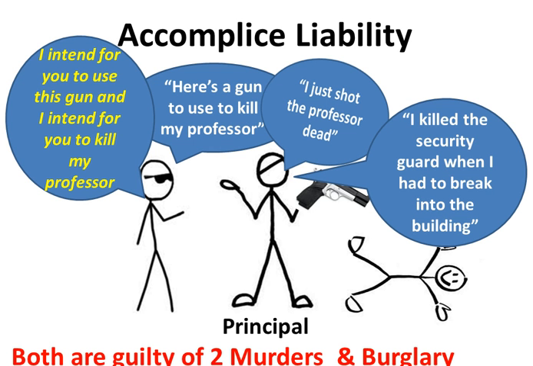We have our principal who actually did the 2 murders, shot the professor, and killed the security guard, plus broke into the building, which could be a burglary, and we have our accomplice who is guilty of the murder that they counseled, that is the professor, plus the murder of the security guard and breaking into the building, because most likely those were probable and foreseeable events flowing from the principal killing of the professor.